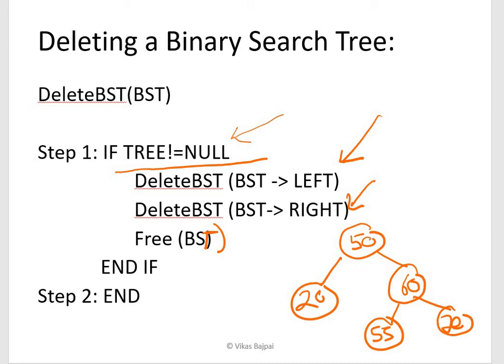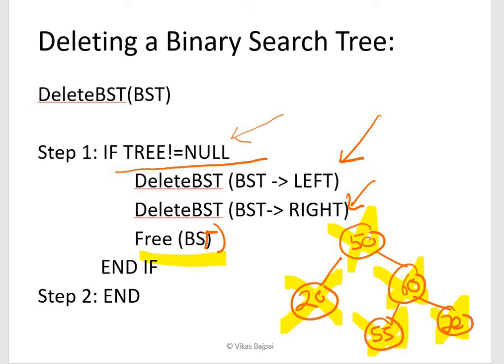So start deleting this. I'll delete this, and then I'll move to the right hand side. Recursively, I'm deleting this, deleting this, then deleting this, and I'm left with this. That's how I will go ahead. And at the end I need to free it, making the memory free for this task.